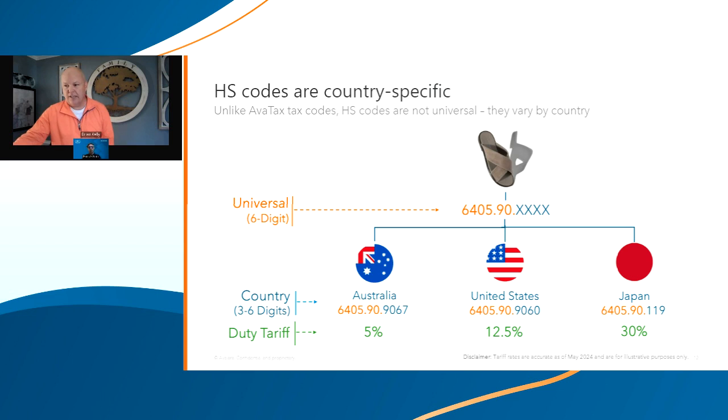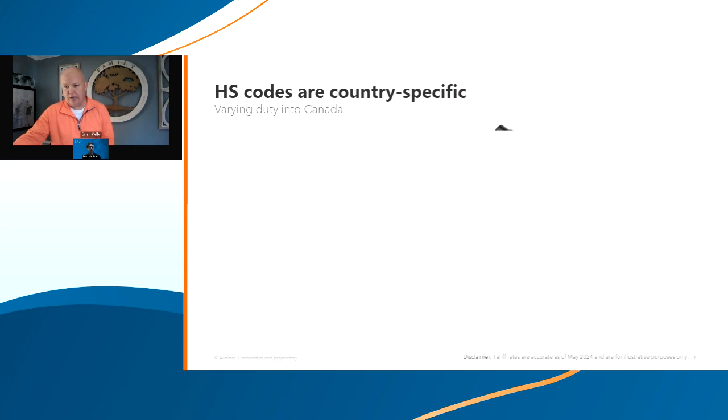Let me take you down another example. So let's take another product, and we're going to take this specific to Canada. So again, that 6-digit universal code outlines country of origin, outlines material, believe it or not, outlines gender. All of those things matter.